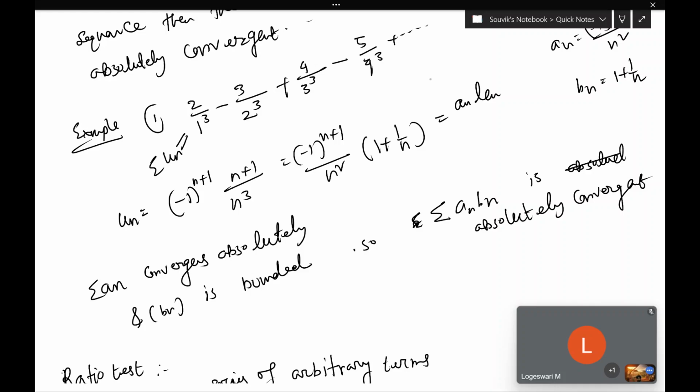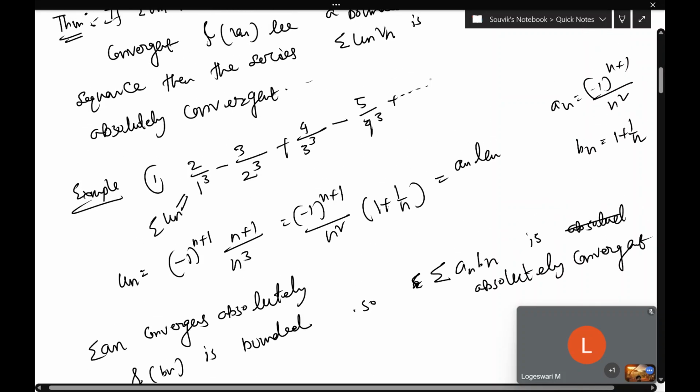Here, what is u_n? u_n is (-1)^(n+1) times (n+1)/n cube. This is nothing but (-1)^(n+1)/n square into (1 + 1/n), that is a_n b_n. So this summation a_n converges.